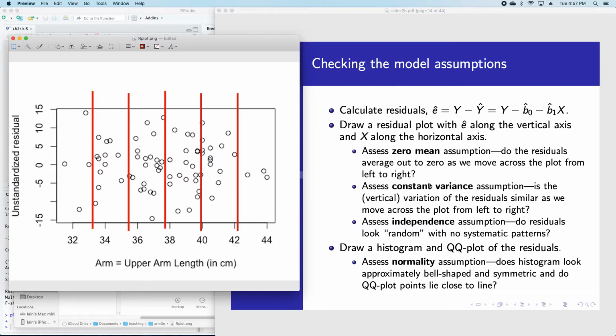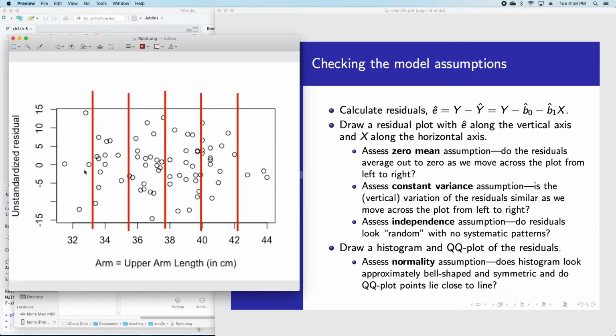When you're assessing these two assumptions, you don't want to be too picky, because no plot is going to be perfect. You just want it to be good enough that you can say, I'm okay accepting this assumption. I could believe that in the population the zero mean assumption holds. I could believe that in the population the constant variance assumption holds.